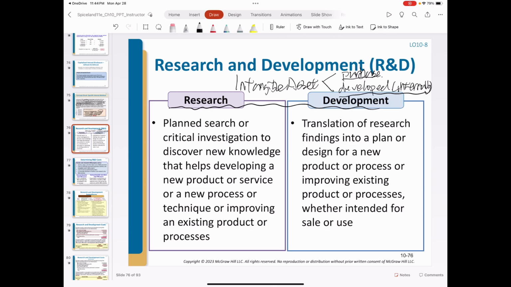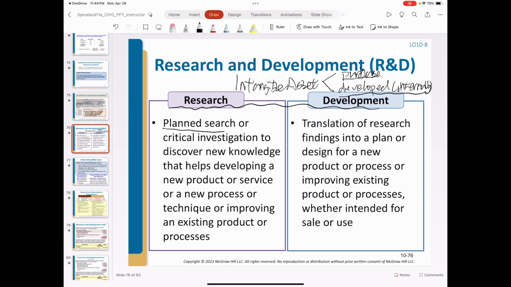First, what's the definition of research and development? There are two separate things, although we report them together in the income statement. Research is related to scientific research.